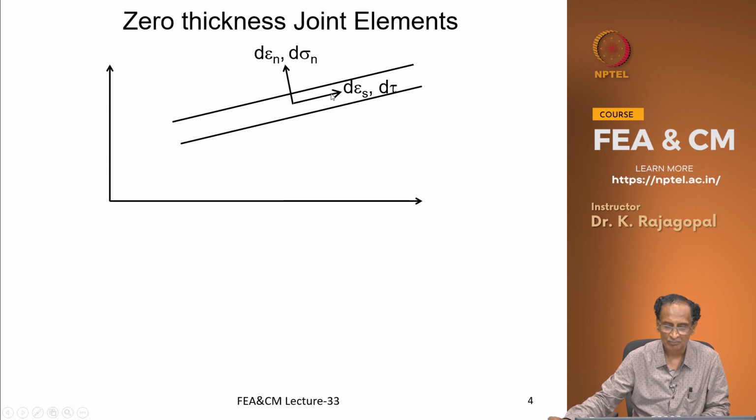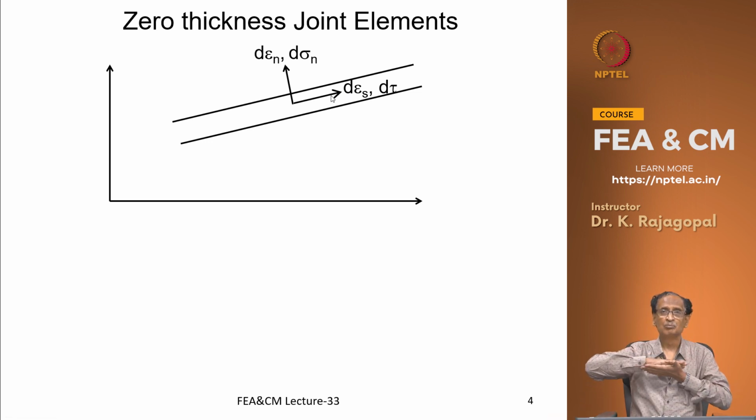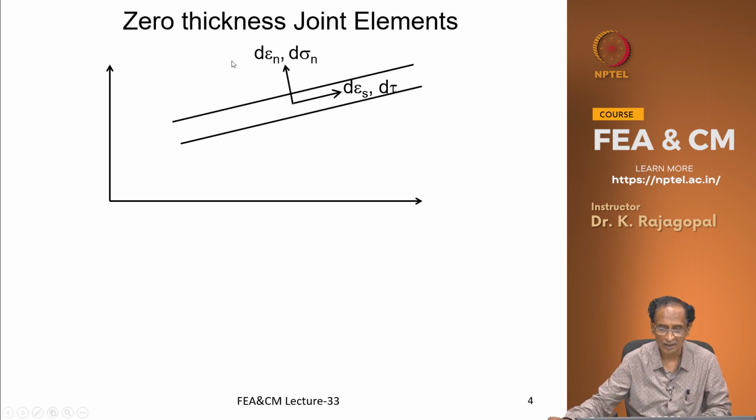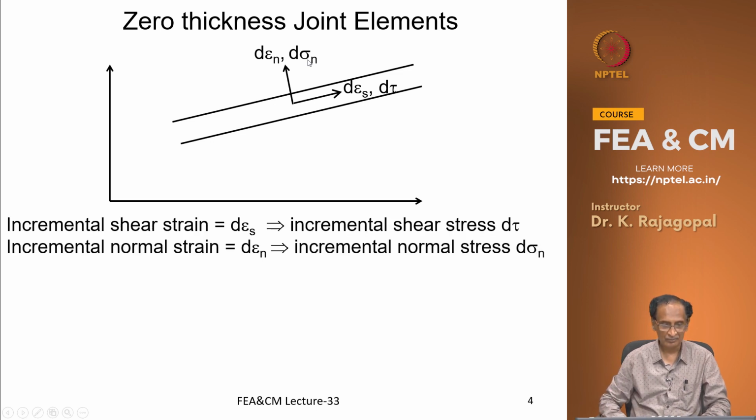The shear strain d epsilon s, that is the relative shear displacement between the two surfaces, and then d epsilon n, that is the normal displacement, either tensile or compressive, and then the corresponding stresses d tau and d sigma n. D tau is the shear stress and d sigma n is the normal stress.